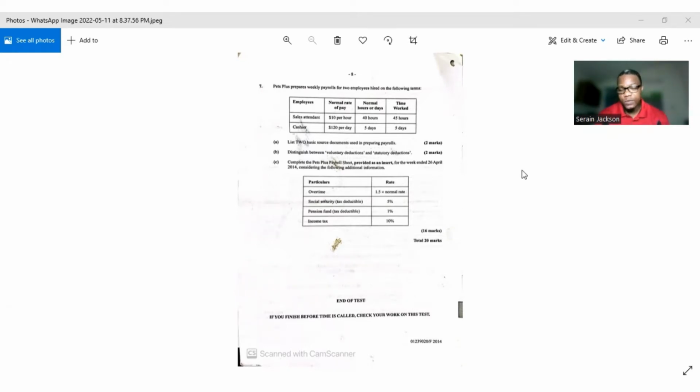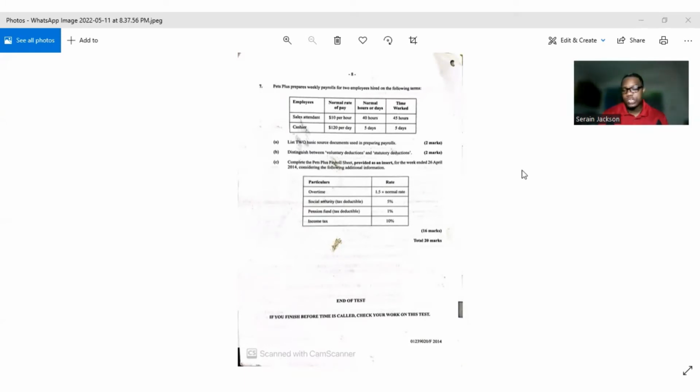As I always say, when you see a question, you should read through the question carefully. All right. Now, for those persons who may not know what payroll accounting is all about, payroll accounting is about calculating the payments or the salary of workers or employees. So that's basically what payroll accounting seeks to do, to calculate the salary of employees.